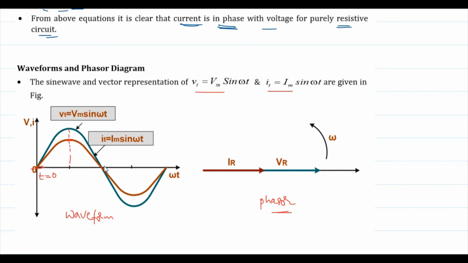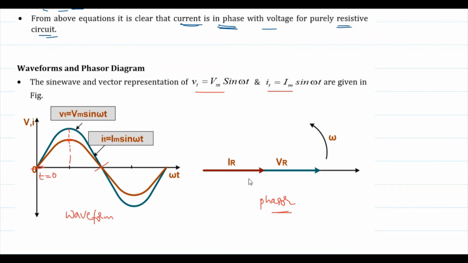And when current once again becomes 0, at that time the voltage is 0. So at the same instant where voltage has a certain value, the current will also have the same value. These are called in-phase values, so from this we can tell that both are in phase.